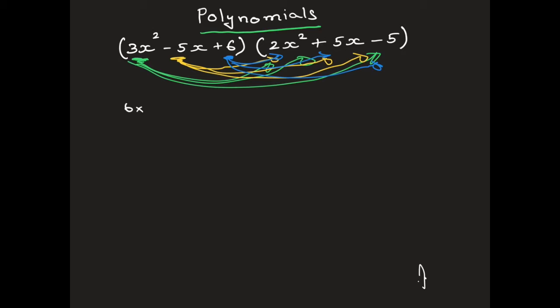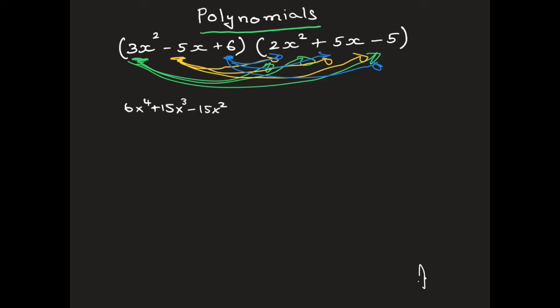So 3x squared times 2x squared is 6x to the power of 4, because 2 plus 2 is 4. 3x squared times 5x is plus 15x cubed. And then 3x squared times negative 5 is minus 15x squared.